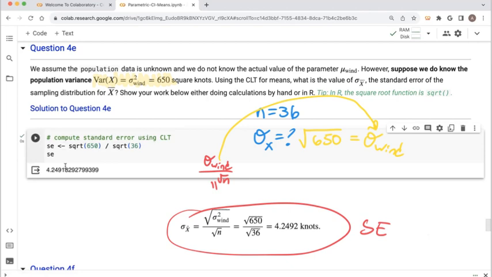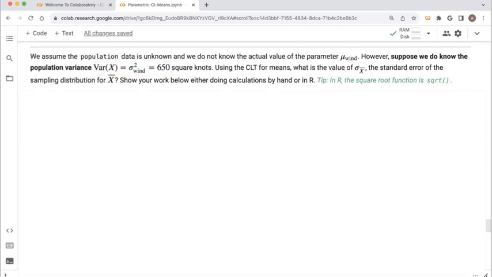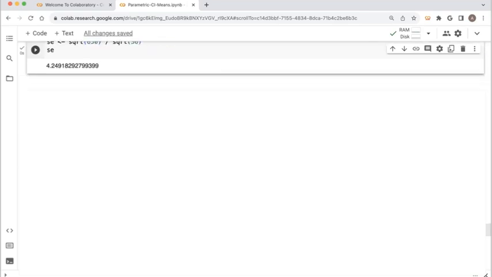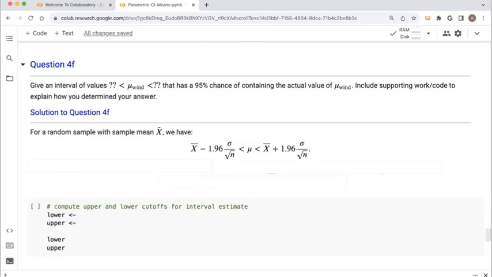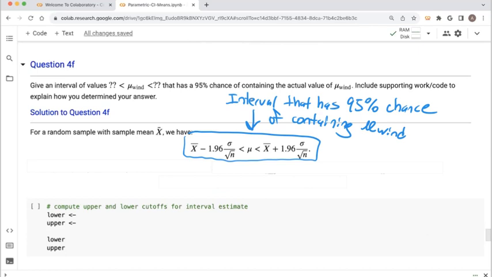So that's describing the spread of the sample means in our sampling distribution for the mean. So this is measuring how much variability we have in our sample statistics just due to the uncertainty, the randomness in sampling. So now that we've got a good estimate for the standard error of the underlying sampling distribution, we can now use the interval that we constructed earlier to generate a 95% confidence interval for the population mean.